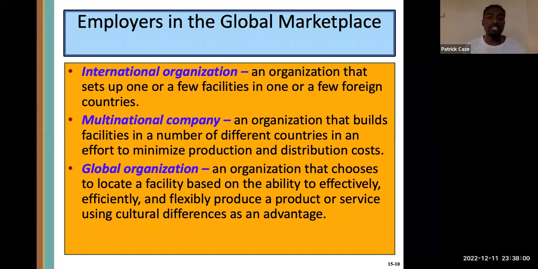All right, so when you look at all these organizations and all these setups, right, you've got to figure out which one is going to make the most sense for the company, all right? You may want to go multinational, right? But that may not necessarily be in the cards because of the resources, or the barriers to entry, or the government, right? You may not be able to do that. You may have to set up something else, maybe a global organization, right?